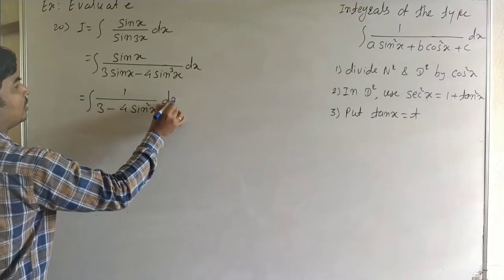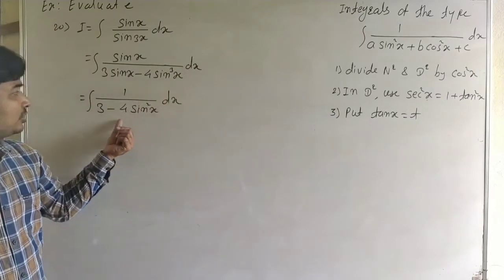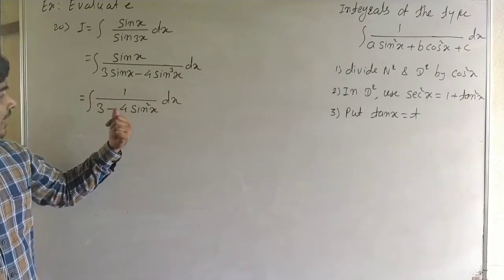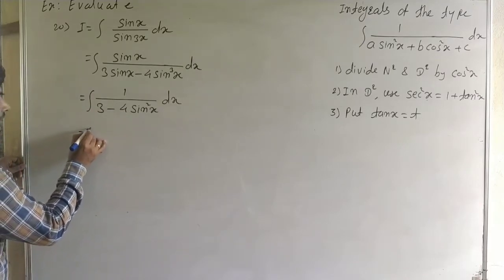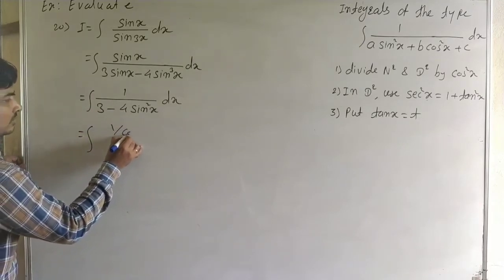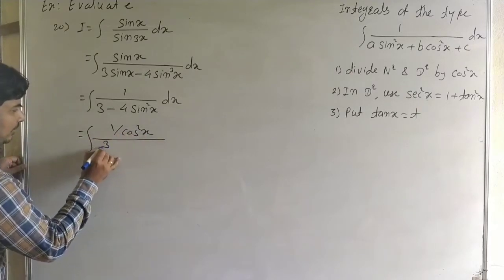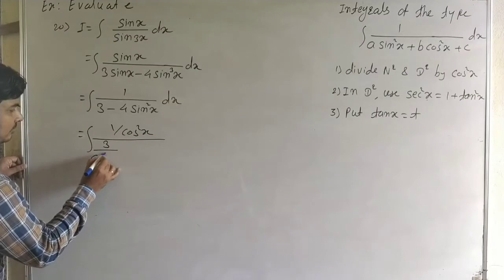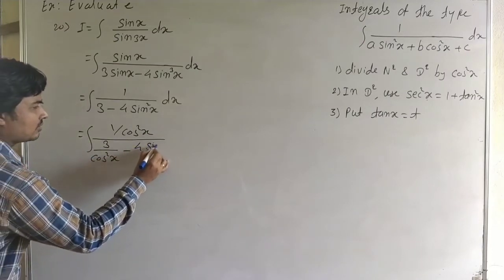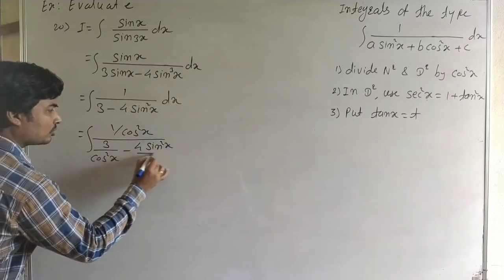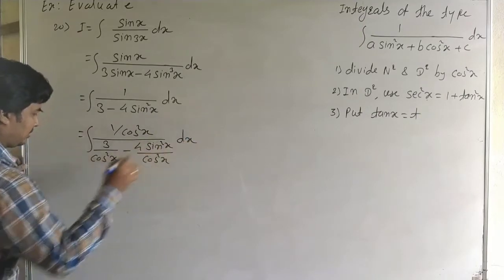And now this example is in our type. Again here b is 0, c is equal to 3 and a is equal to minus 4. Therefore divide numerator and denominator by cos square x: 1 upon cos square x, upon 3 upon cos square x minus 4 sin square x upon cos square x, with respect to x.